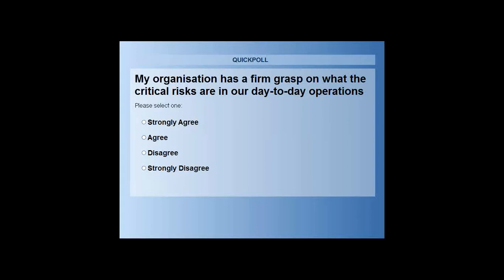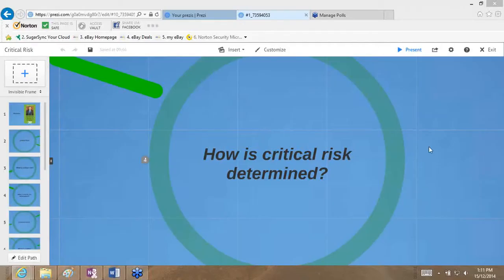Okay, I'll flick to the second question now. Second, we have: my organisation has clearly defined critical controls to manage our critical risks.